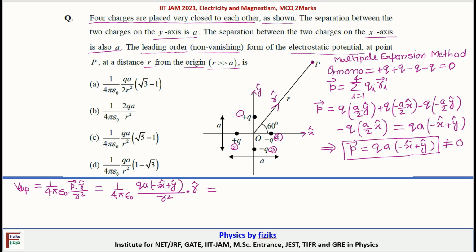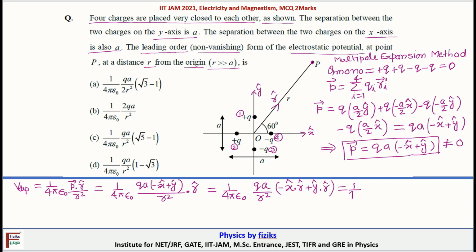So we can write this as 1 by 4 pi epsilon naught QA by r square, and you will get minus x cap dot r cap plus y cap dot r cap.